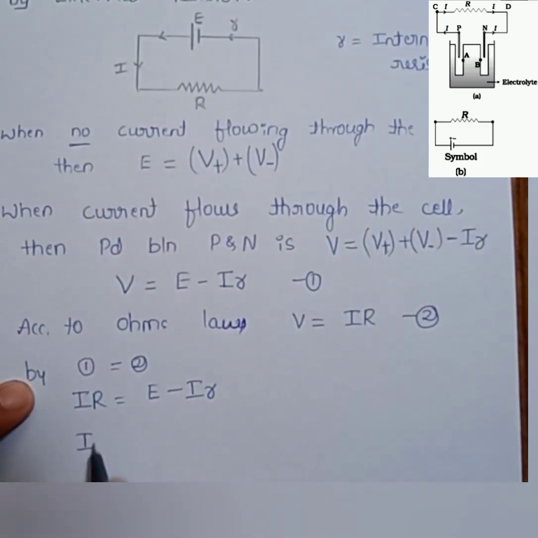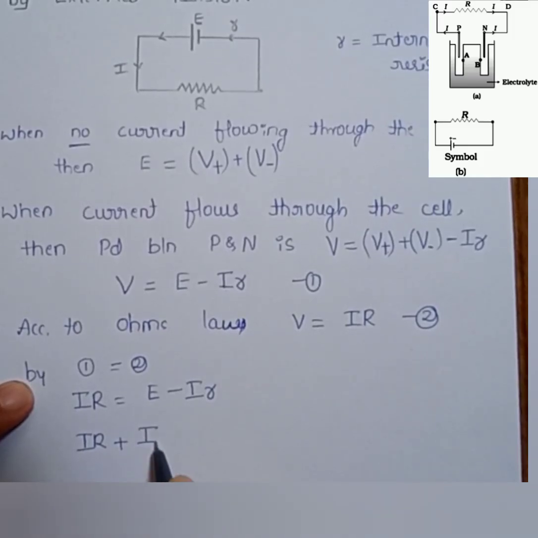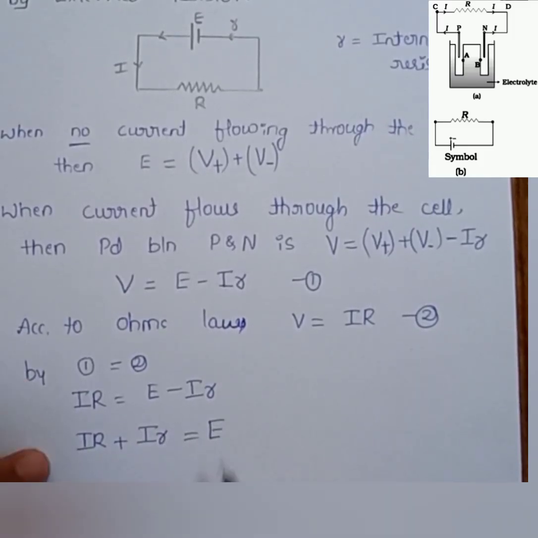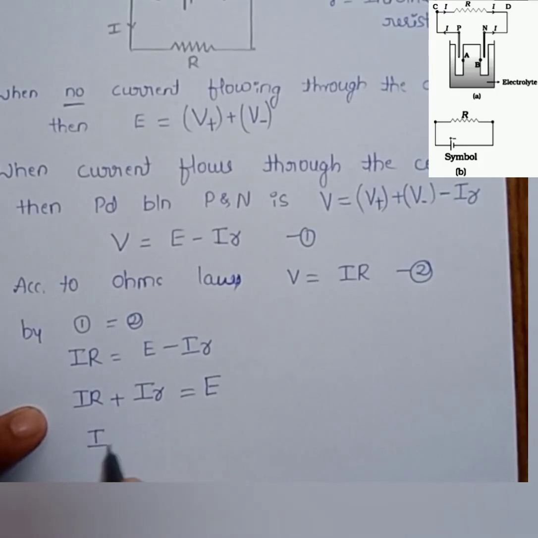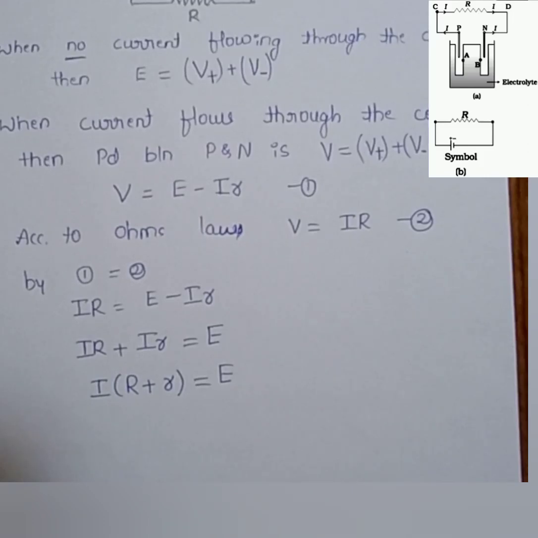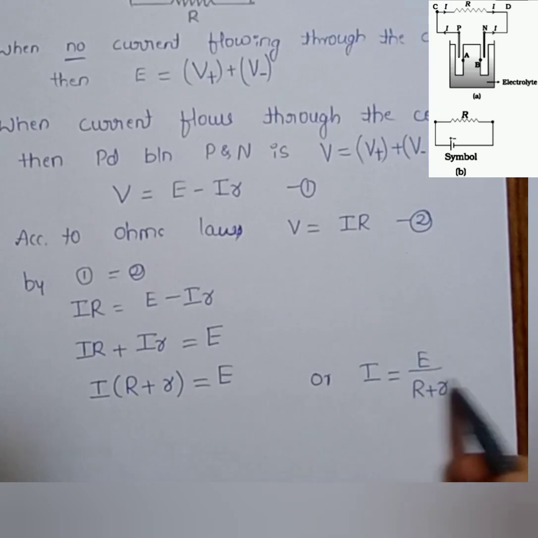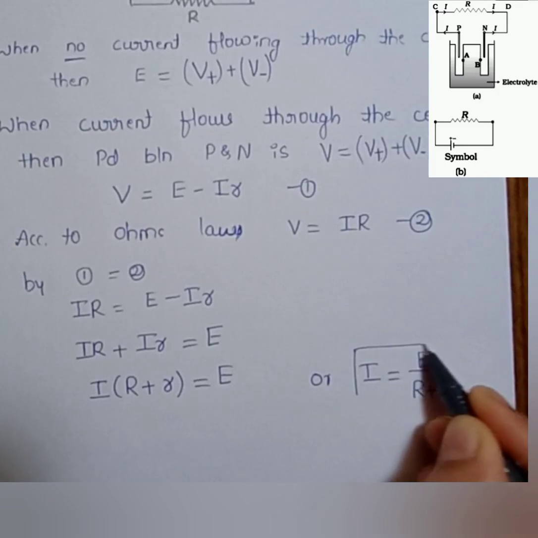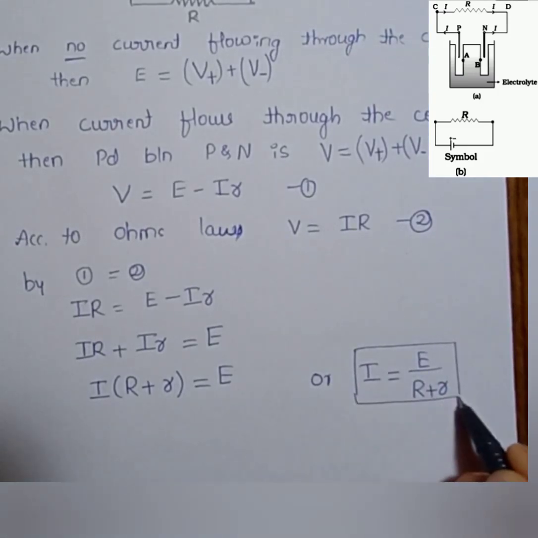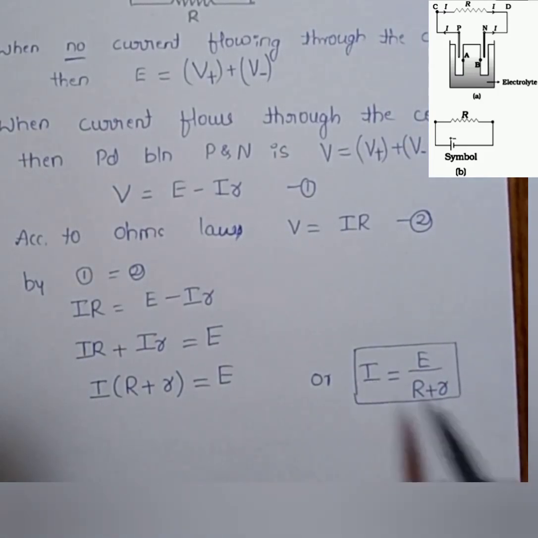Then we get I R plus I small r equals E. Just take I common: I times R plus small r equals E. Here I is equal to E divided by R plus small r, and this is the expression for the current drawn by the external resistor R.